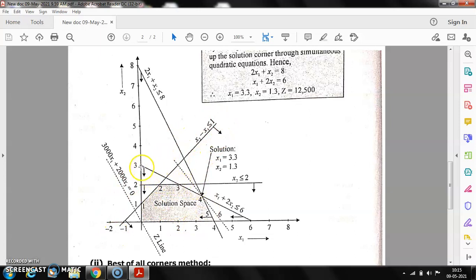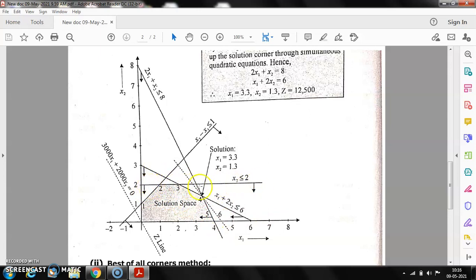Next, this is the third line, from the second condition, x1 plus 2x2 is equal to 6. From again the 4 values, 2 here and 2 here, we have drawn this line also.